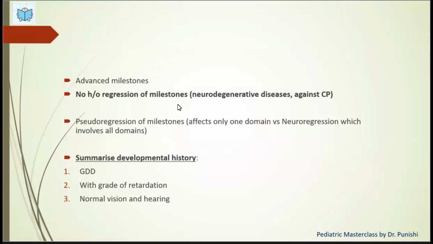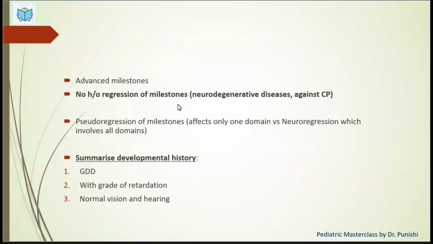But there is a term called pseudo regression of milestones. So what do I mean when I say that? What happens is in children with CP, especially the spastic CP, which have increased tone, they're able to achieve their milestones, obviously delayed as compared to normal kids. But they tend to lose one or two milestones after a certain age. For example, you have a child with spastic quadriplegia. He was able to sit without support at, say, 2 years of age.